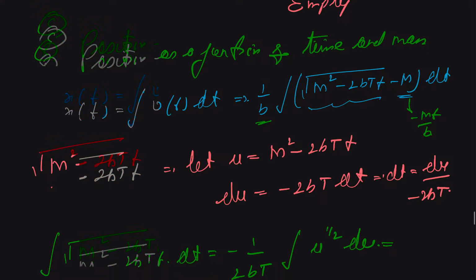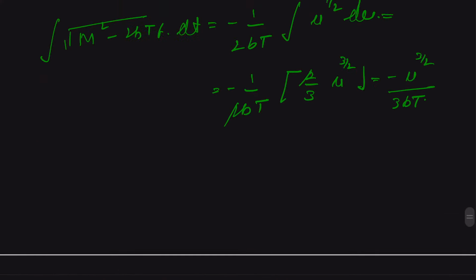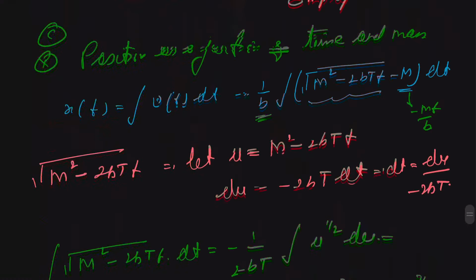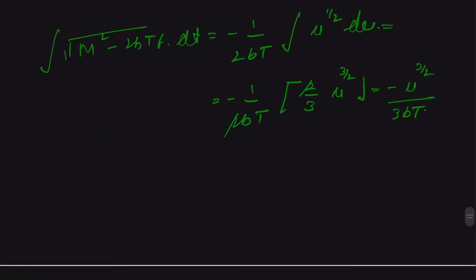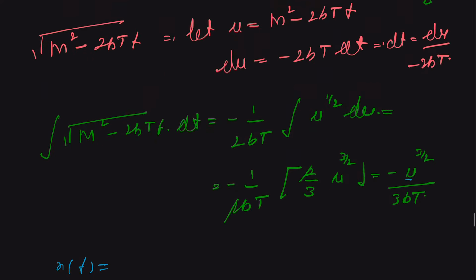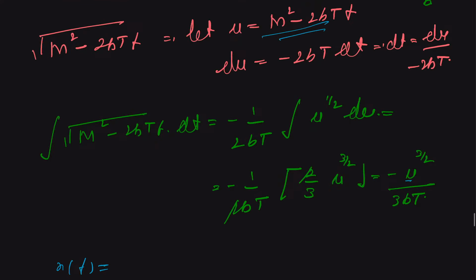So now we can simply substitute it, and therefore we get that x of t will be equal to minus, and we need to substitute u back. So u was our m² minus 2bt.